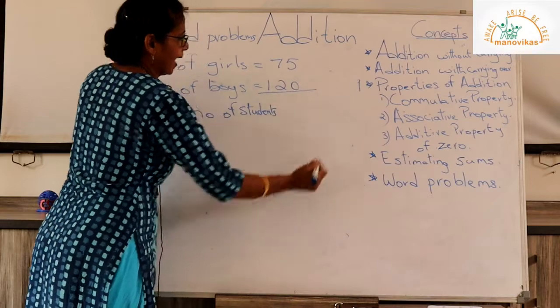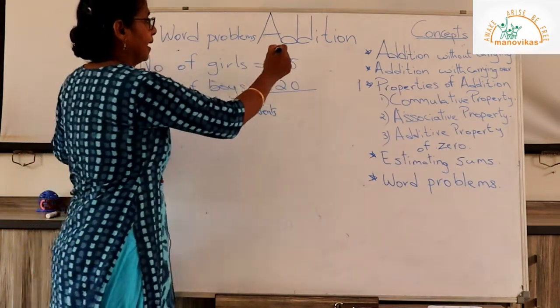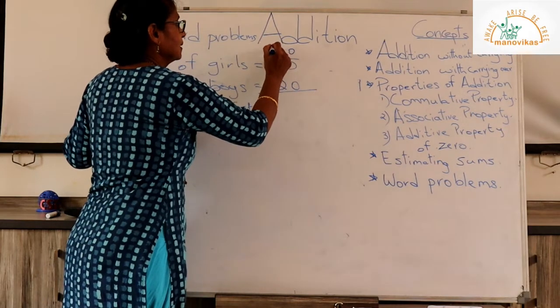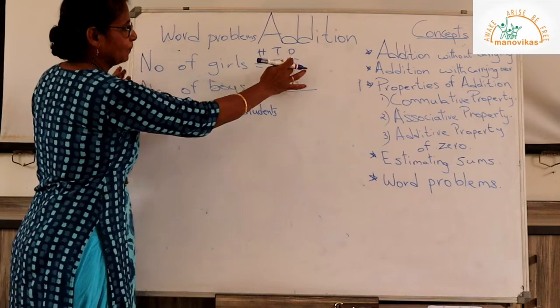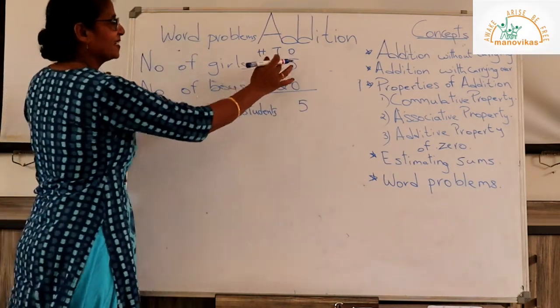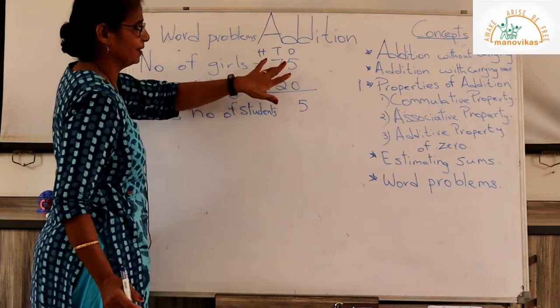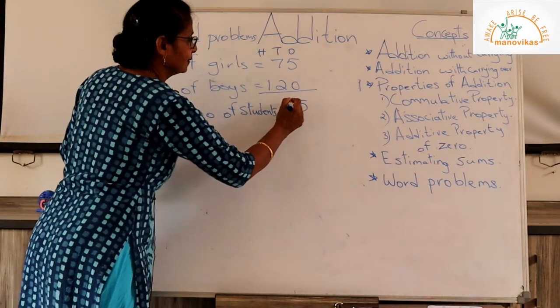We need to add. Now, 5 is in ones, 7 is in tens, and 1 is in hundreds. So, 5 plus 0 gives you 5. And 7 plus 2, because 7 tens plus 2 tens makes 9.